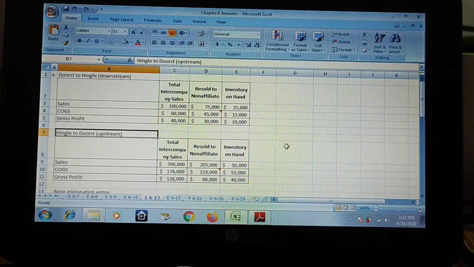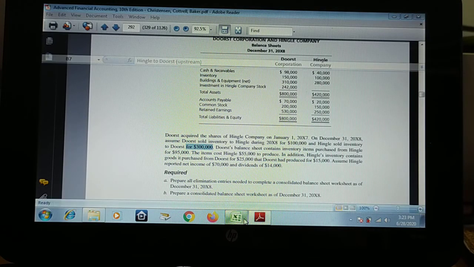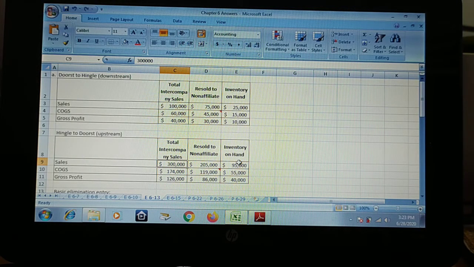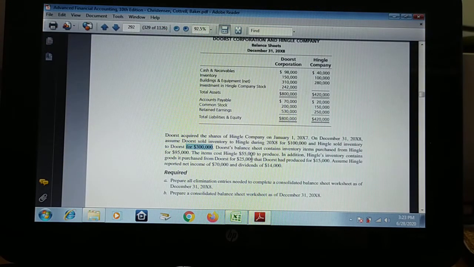Then next we will go to the upstream sale table. The same thing, we go back to the data. Hingle sold inventory to Doors for 300,000. That is the total intercompany sales row. Because Hingle sold to Doors, we need to see the Doors balance sheet. It has 95,000, which cost Hingle 55,000.